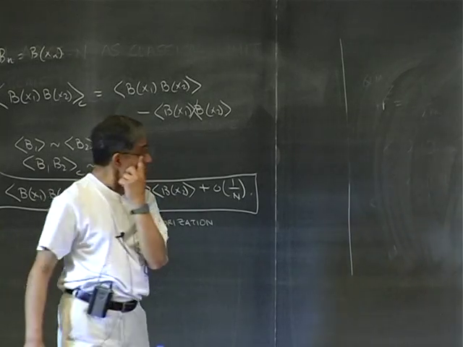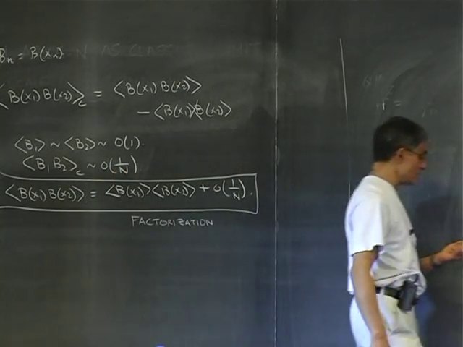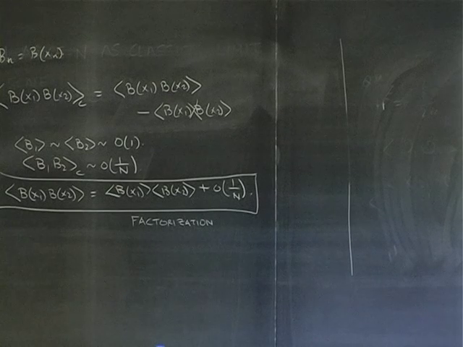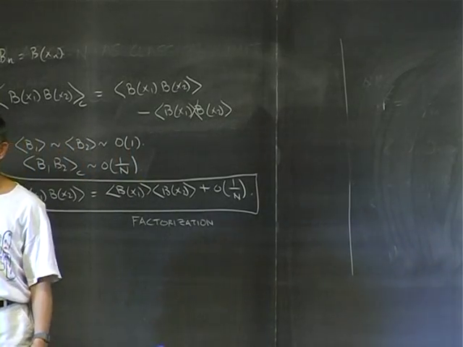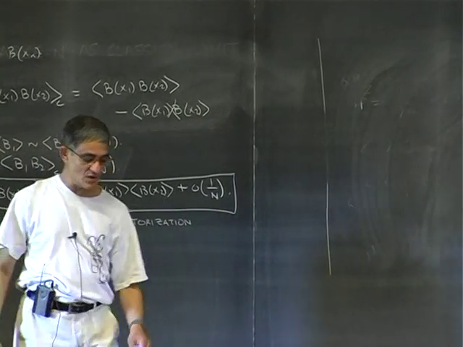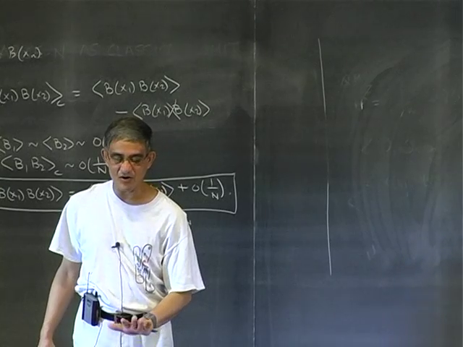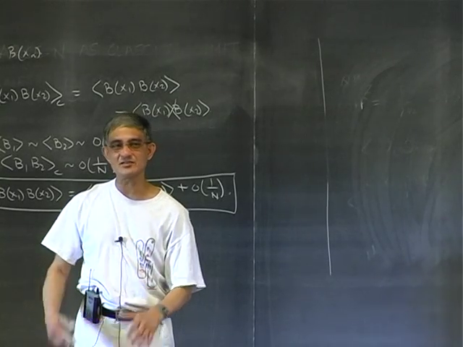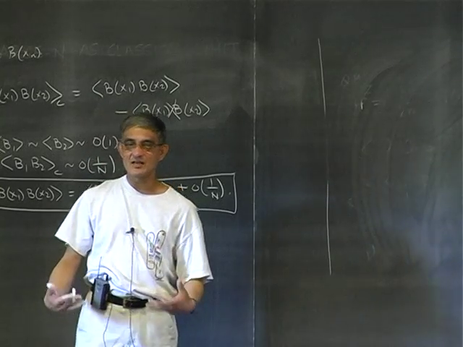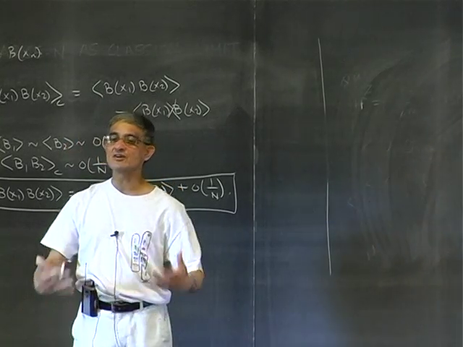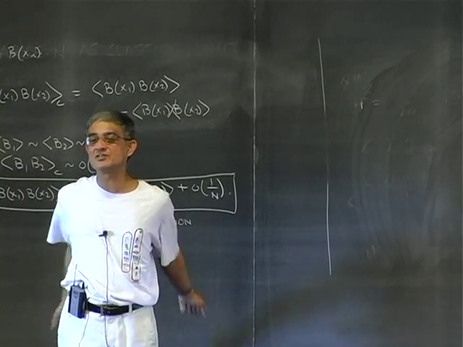Okay, but this thing really came to almost its zenith due to a beautiful work by Gerard 't Hooft in the 1970s, who asked the following question. 't Hooft was interested in the theory of strong interactions. The theory of strong interactions is a non-abelian gauge theory which has a symmetry group, which is like SU(N).